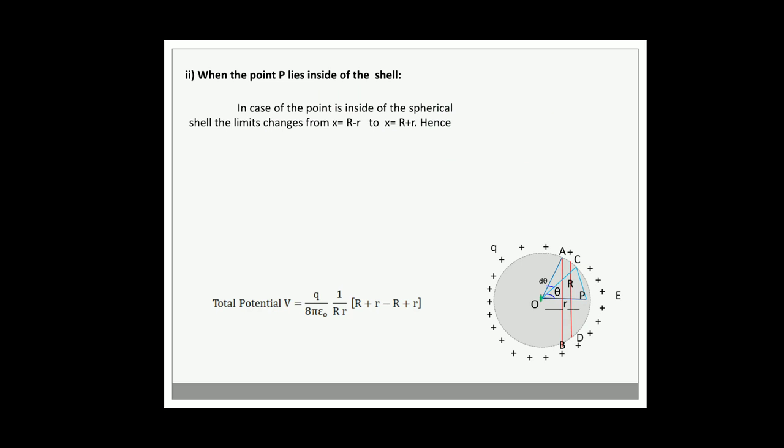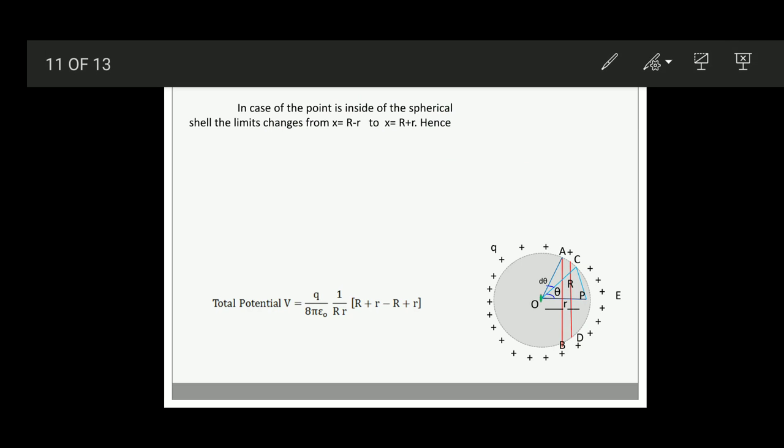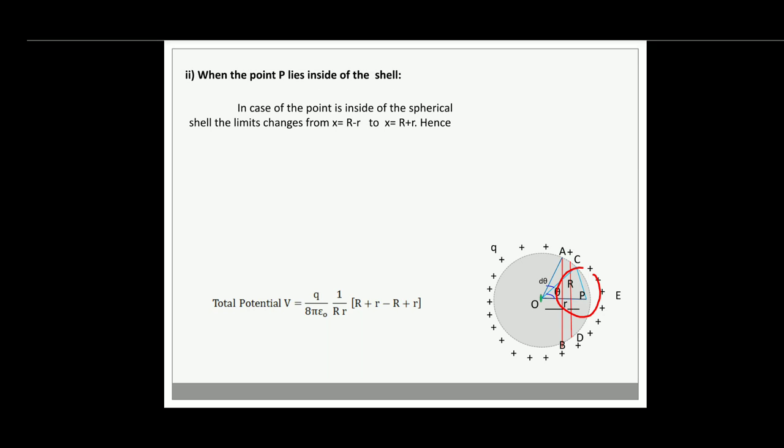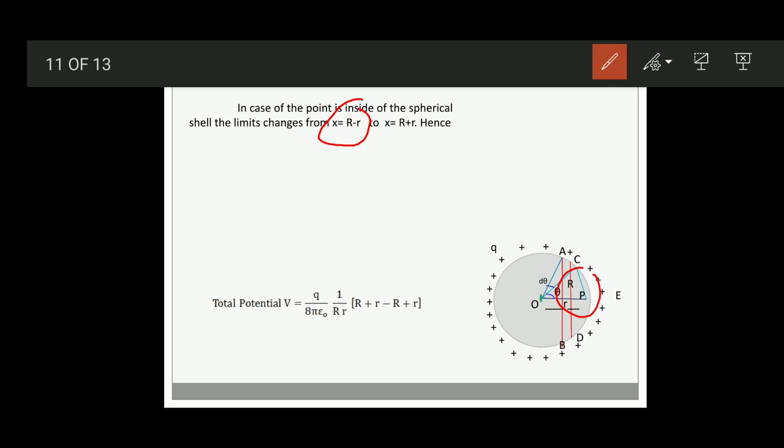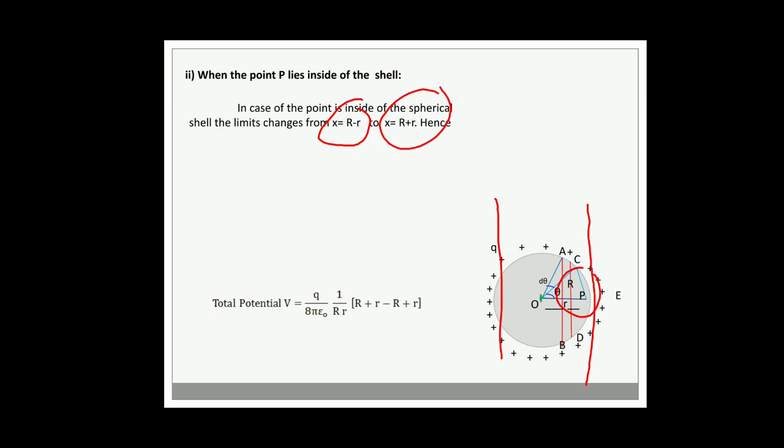Now if the point P is inside of the spherical shell, this is where the limit changes. In this case, the lower limit is capital R minus small r and the higher limit is capital R plus small r. The limit changes. In the first case, the lower limit was small r minus capital R, here it is capital R minus small r, because of the distance between the charge and the point. Due to these limits, we can calculate the potential due to the charged shell.